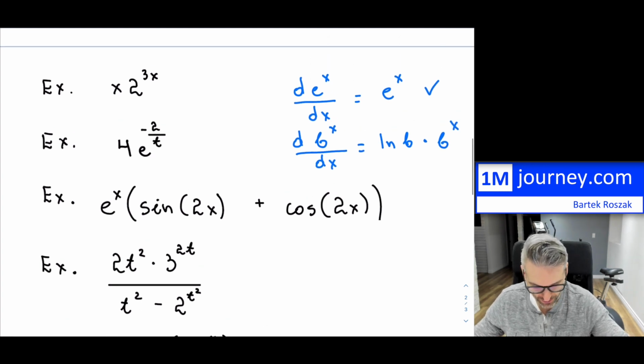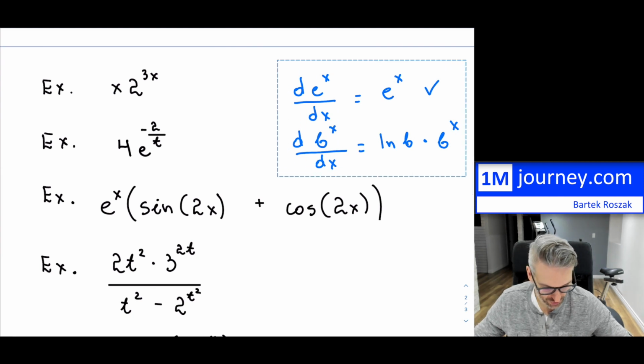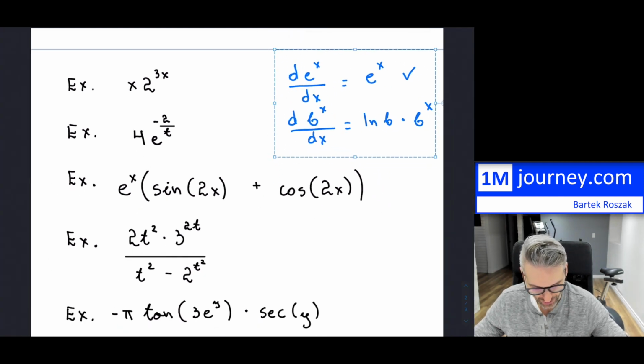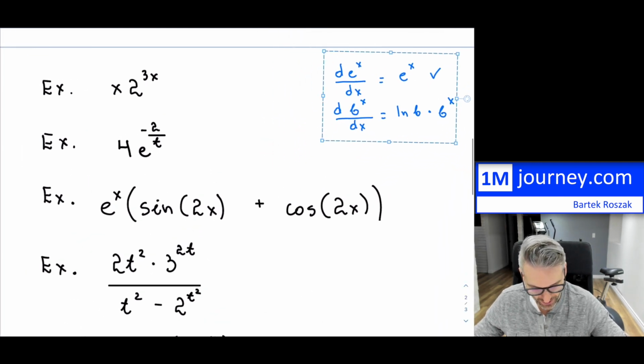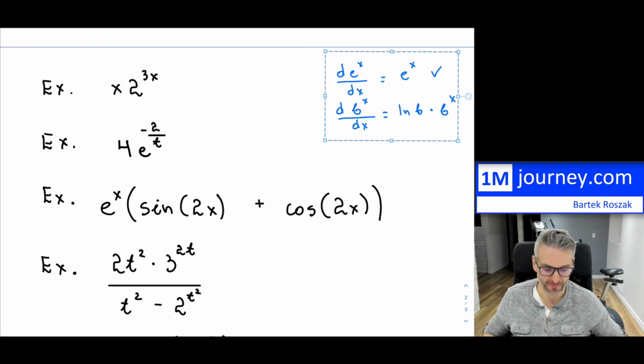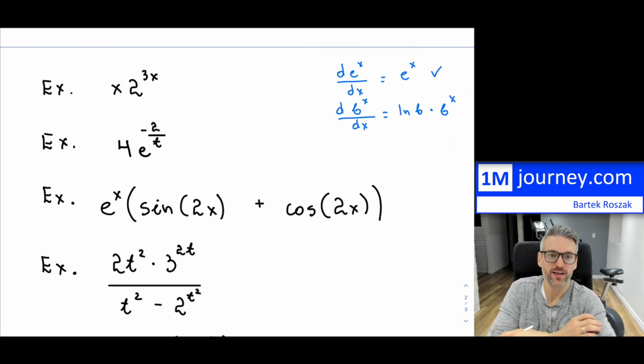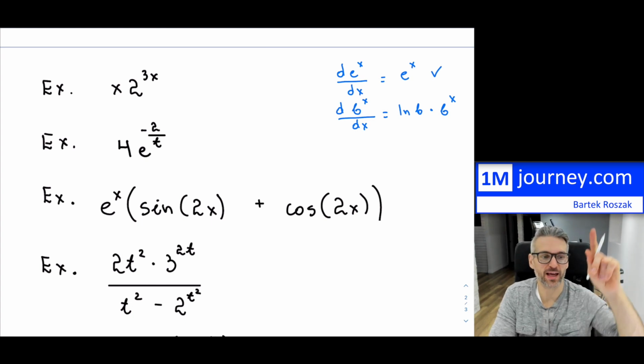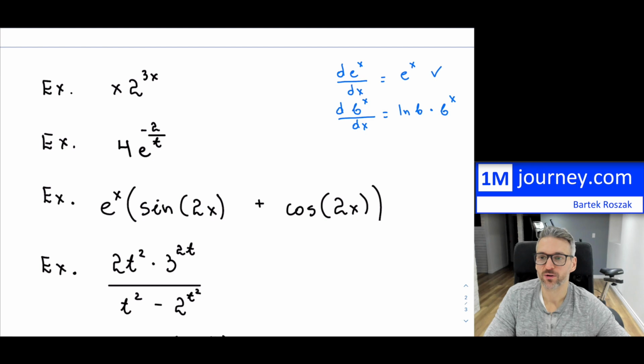So we have to remember these to be able to do derivatives throughout. And I'll put this on the side here. And that second one, ln b times the base to the x, if you want to see how you can come up with that derivative and prove it, I'll put up a link up above there for you.